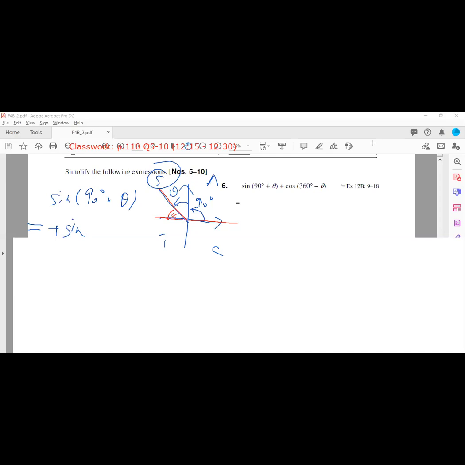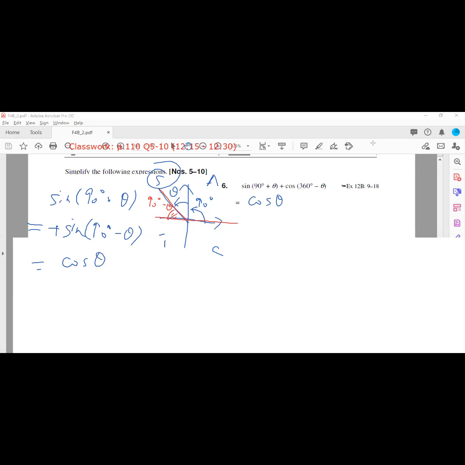So it must be 90 degrees minus theta. Okay, so we will choose the 90 degrees minus theta for this place. But when you see 90 degrees minus theta, you need to change it immediately. So it's just positive cosine theta. We do not need to write the positive sign, right? Okay, so the first term is cosine theta.